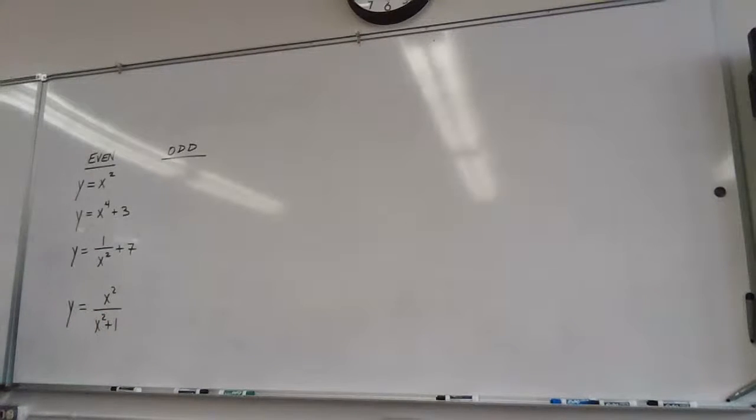So the type of symmetry here, let's look at x to the fourth plus 3. It looks like this. And all even means is that for every point A, B that lives on this graph, there's a corresponding point, its best buddy, at negative A, B.